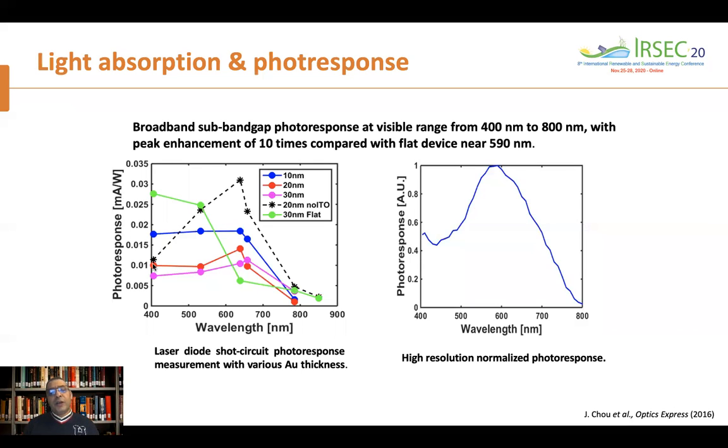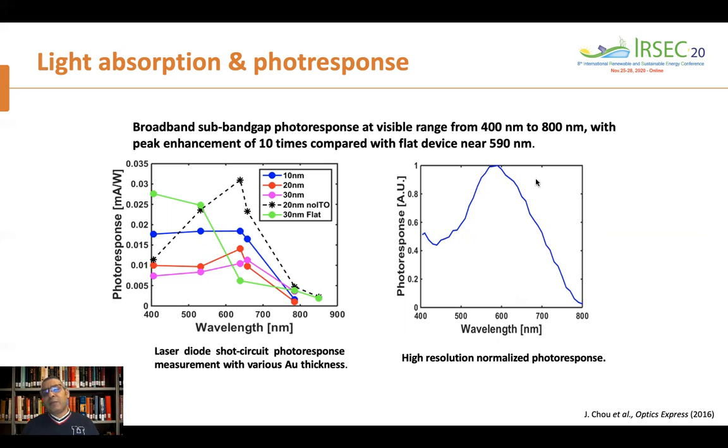And we found that the cap-like structure that we have with 20 nanometers of gold thickness has a much higher photoresponse. We put here the normalized photoresponse, based on the thickness of the samples we have, and we have the maximum photoresponse lying in the visible region, between 450 and 780.